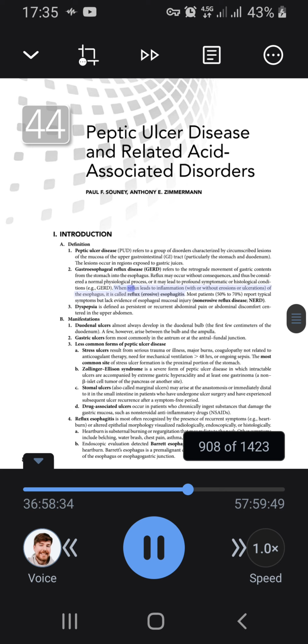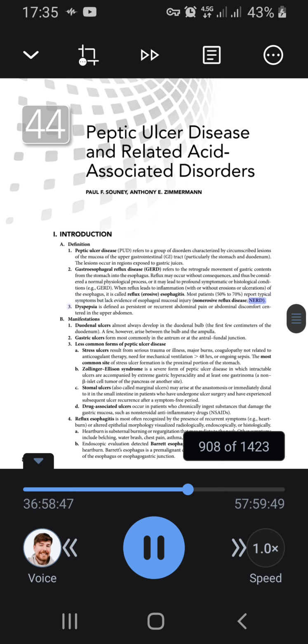When reflux leads to inflammation with or without erosions or ulcerations of the esophagus, it is called reflux erosive esophagitis. Most patients, 50% to 70%, report typical symptoms but lack evidence of esophageal mucosal injury: non-erosive reflux disease, NERD.